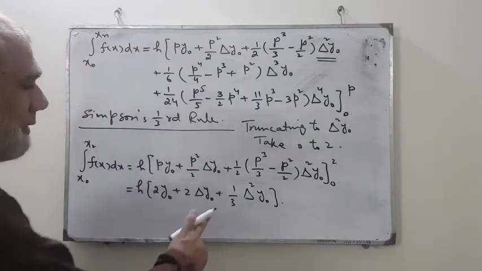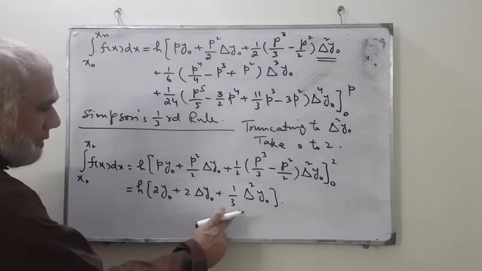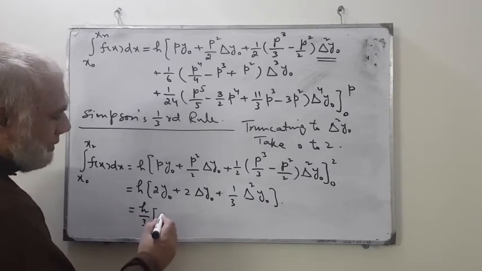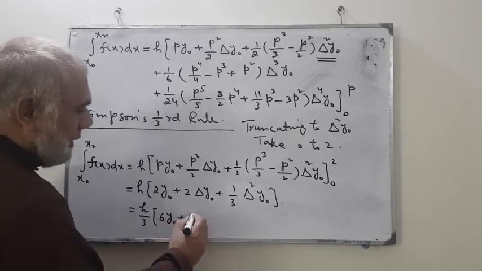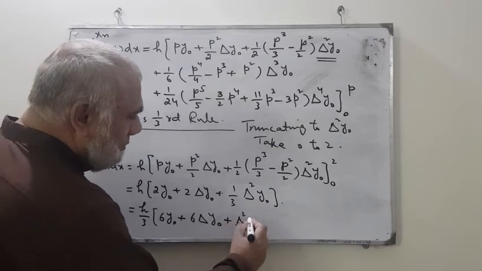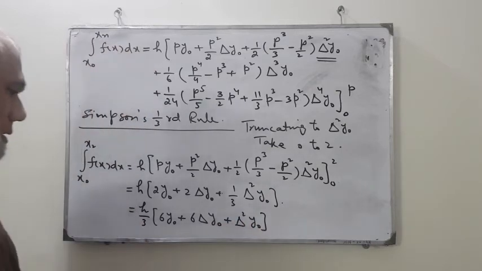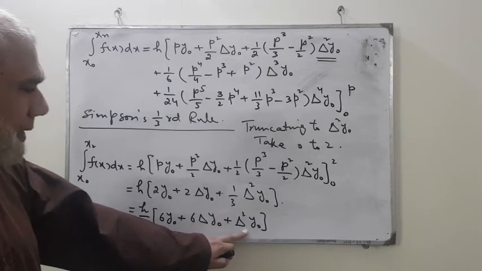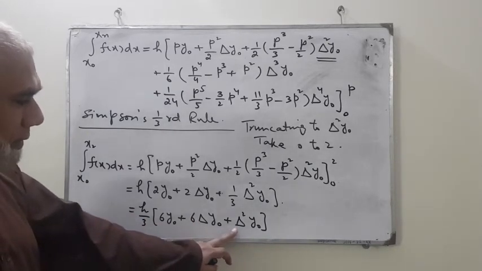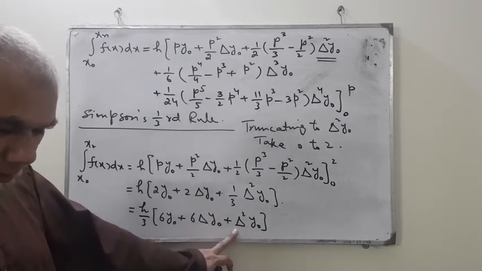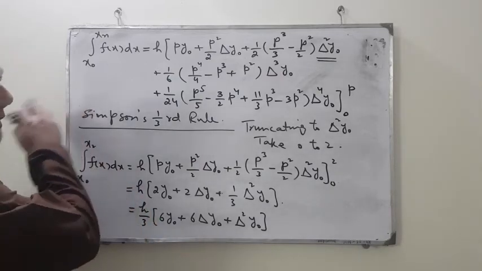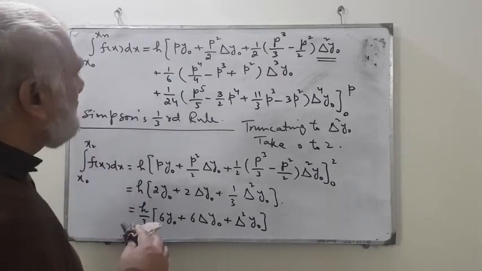Now, if I take this as an LCM or as a common factor, this takes the form h/3 times 6y0 plus 6 delta y0 plus delta 2 y0. After doing this, now we have to replace these differences, this is the first order forward difference, and this is the second order forward difference, and now we are going to replace them with polynomial functions, algebraic functions, in other words.